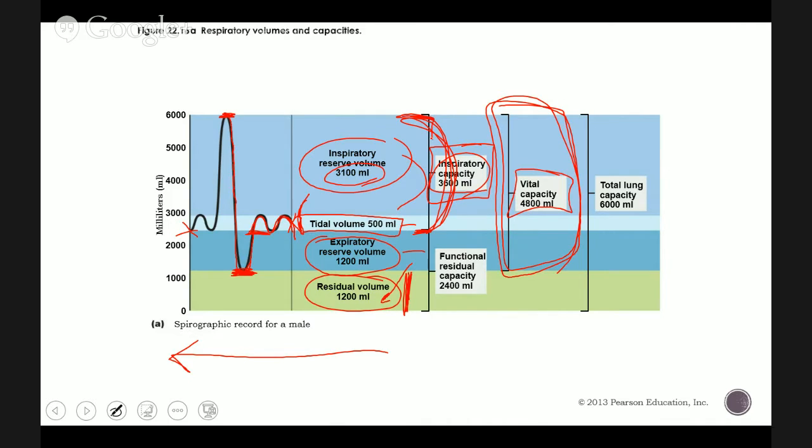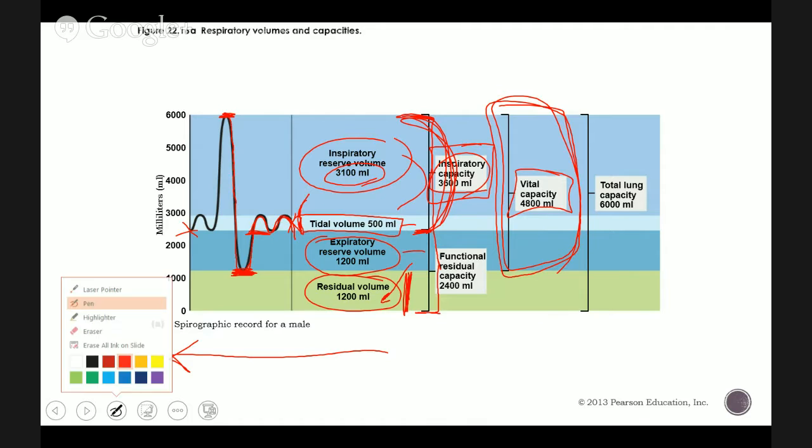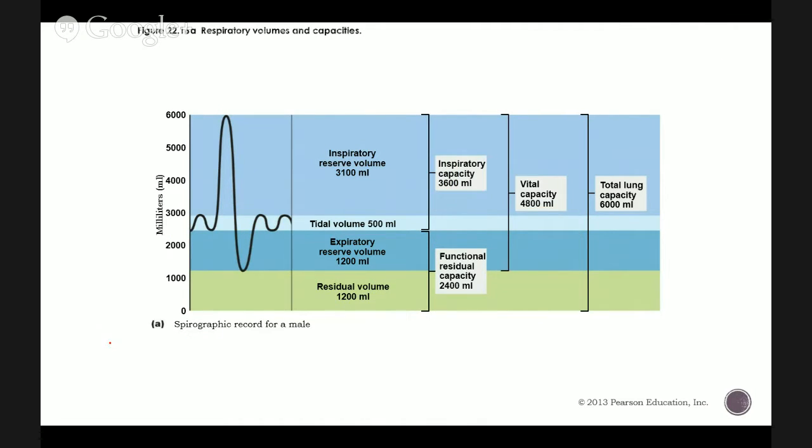If you look at everything, the whole enchilada, as far as, let me clear this off here so we don't have so much writing on here. If you look here, sorry, not the whole enchilada, right here, if you look at how much you have available in your lungs below the inspiratory capacity, you combine these two, it's called the functional residual capacity.